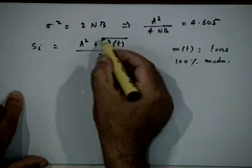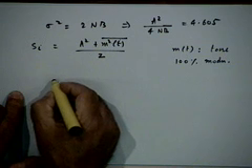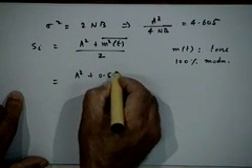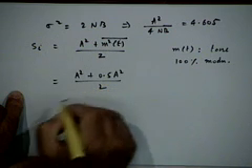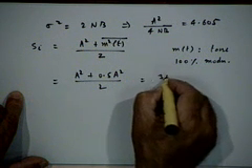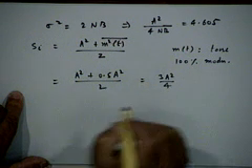What is the maximum power in m square t? A square by 2, right. So this will be a square plus 0.5 a square upon 2, which is 3 a square by 4, right.